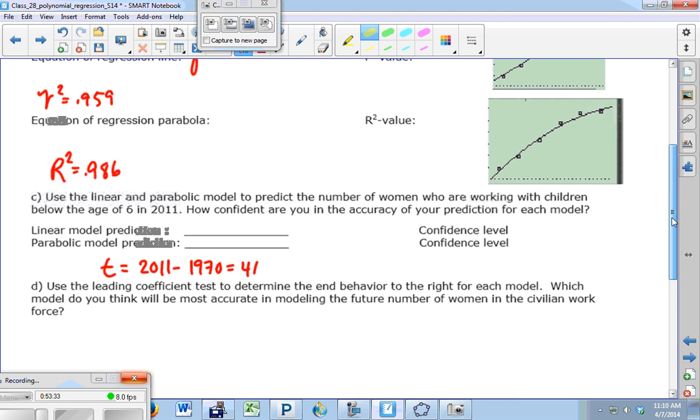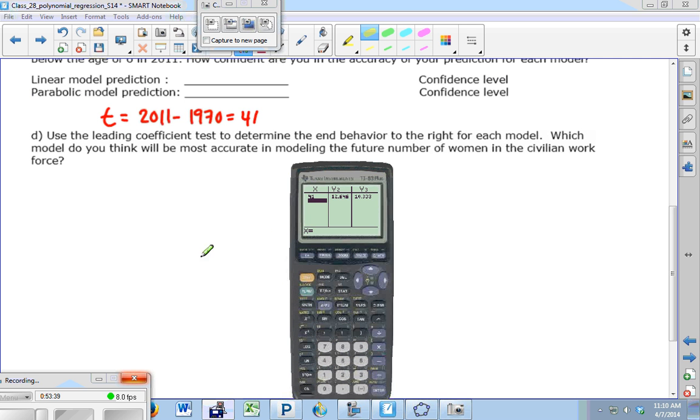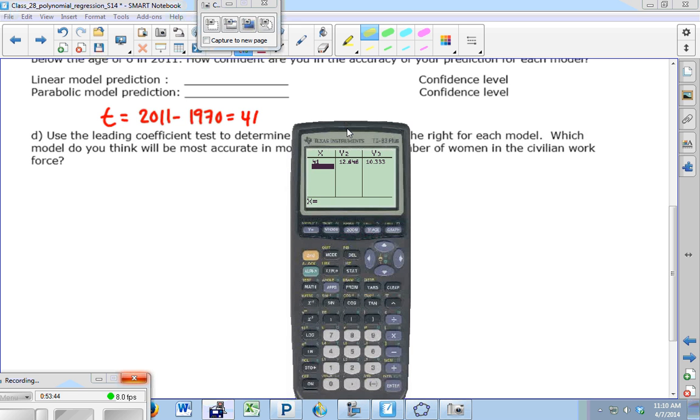So the number of women, ooh, that got small really fast, didn't it? Ooh, there we go. So we can see it. So the prediction using the linear model was about 12.6 million women in the workforce. And with my parabolic model, it was 10.3.